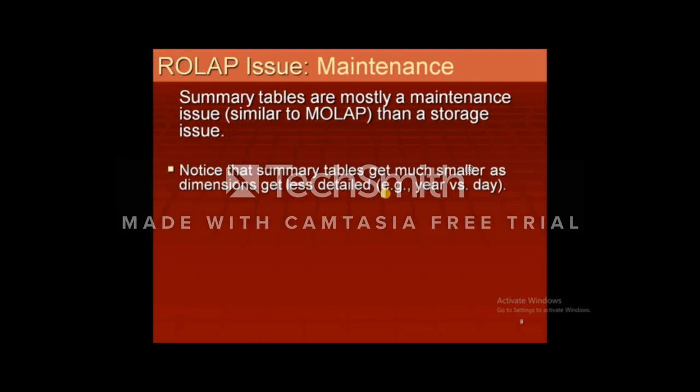In our previous slide we discussed that when we took the combination of product category and year, there were only 2 entries for a single year, because we have 2 product categories, sodas and juices, and in the year 2001 we had 2 entries for these 2 categories. But when we talk about a day, we know that in a year we have 365 days.